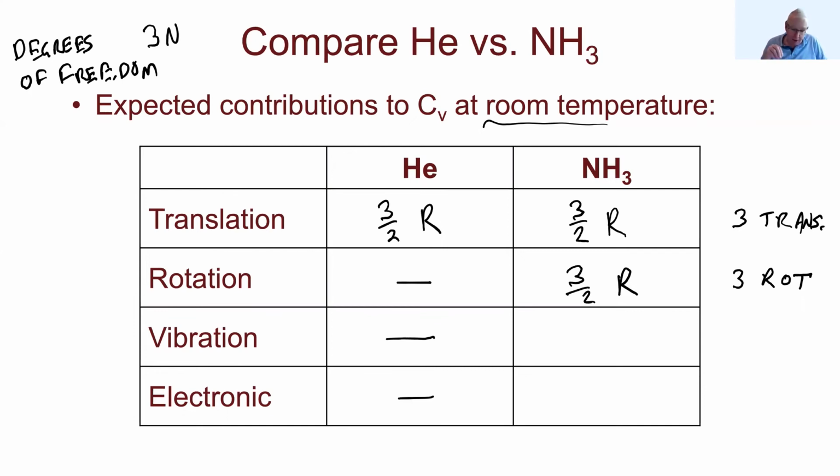I've used up 6 of those so far, 3 for translation and 3 for rotation. So I want 3n minus 6 to be vibrations.